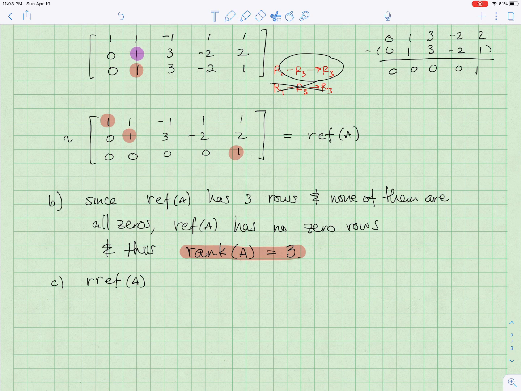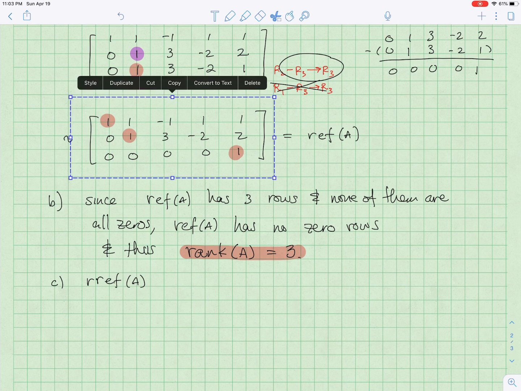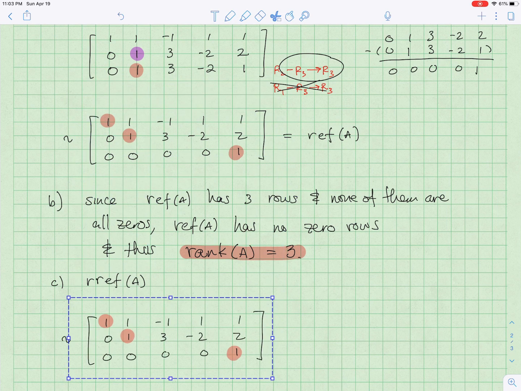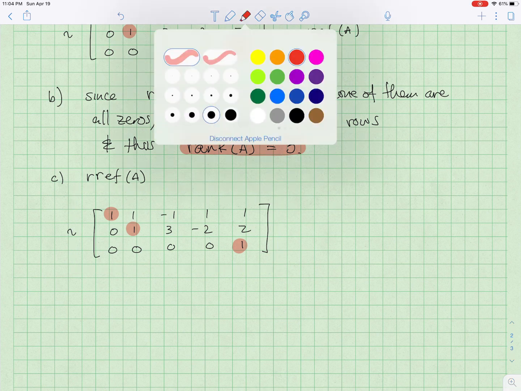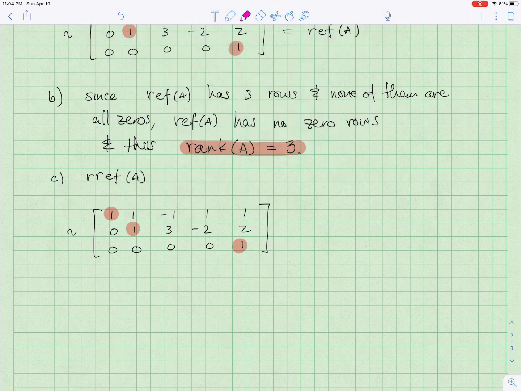So if I take this REF of A and I look at my pivot columns, the columns that contain my leading ones, I have zeros in these positions. That's great. That one in that column is the only non-zero value in that column. But I need to clear out that position, and over here I need to clear out these two positions. That's what I need to do in order to make this an RREF.